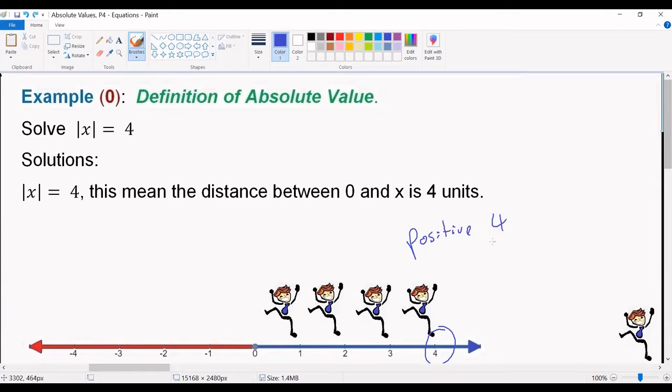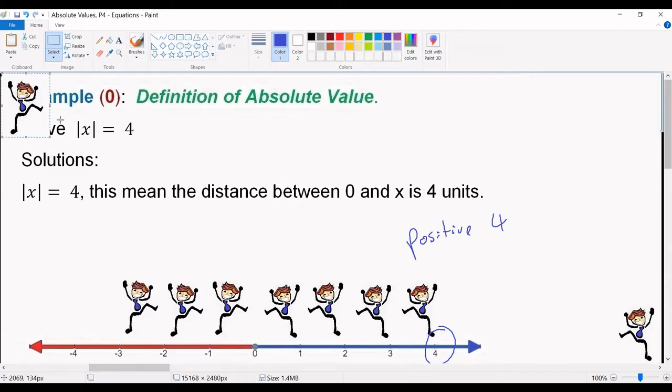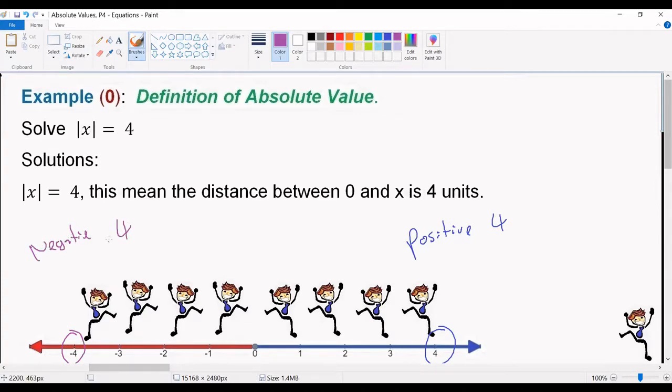And when we do this exact same process, this time, however, we're moving to the left 4 units. This gives us the value of negative 4. So what is this telling us?